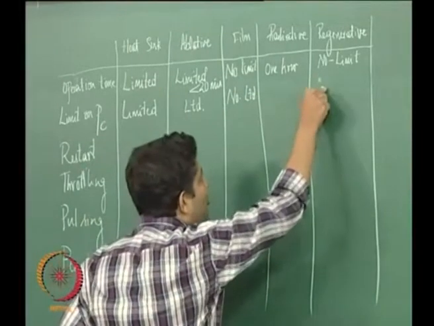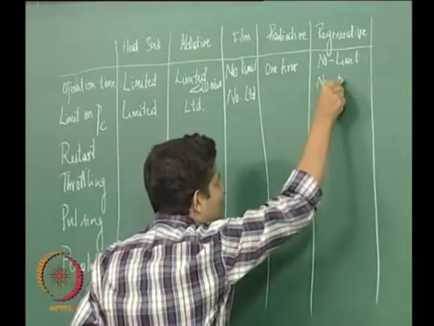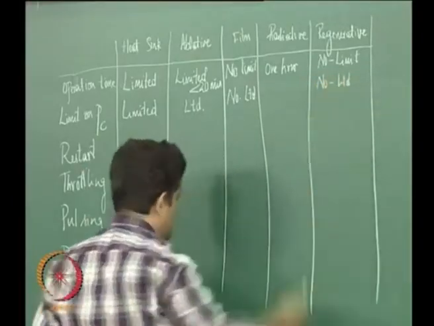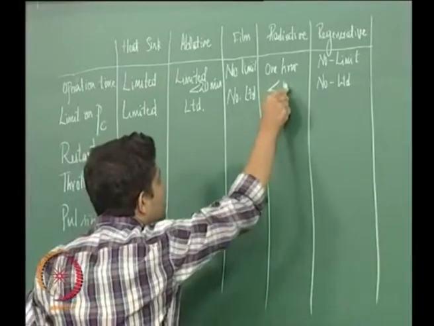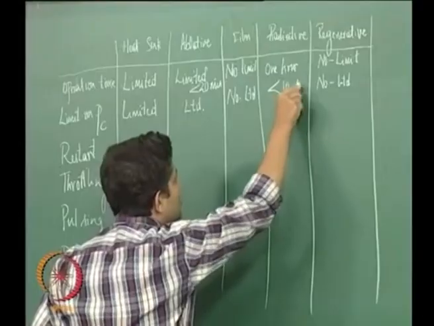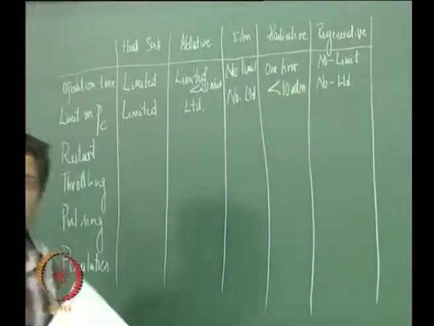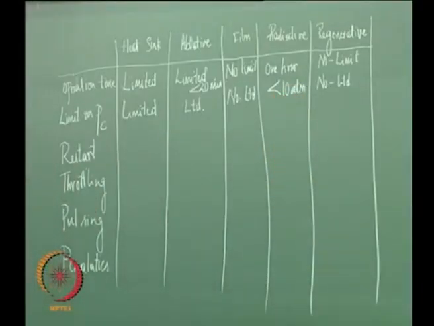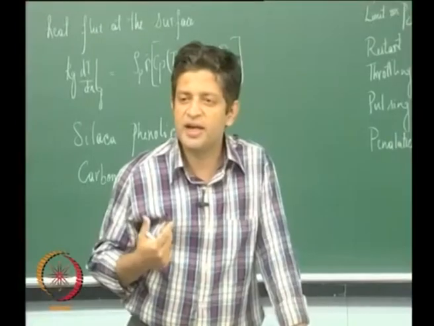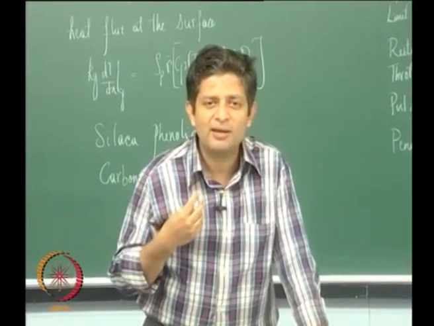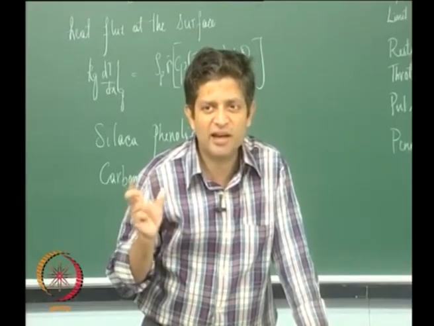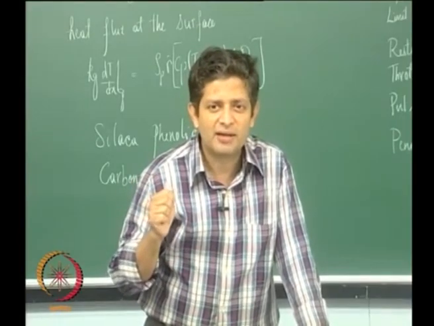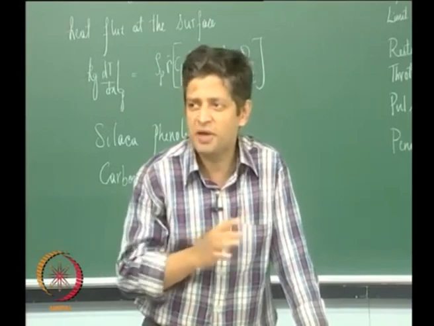This is also no limit. This is restricted to something like less than 10 atmospheres. So if you look at radiative cooling, it's only applicable wherein the operational time is not very large, and the thrust of the motor is also very small.